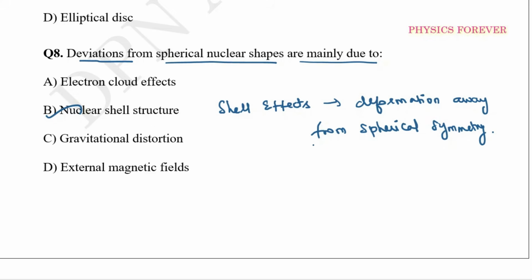Okay. So this is the reason why deviation from spherical nuclear shapes is mainly due to nuclear shells, because of deformation away from the spherical symmetry.